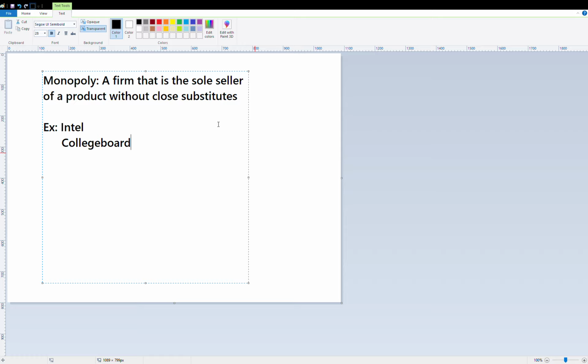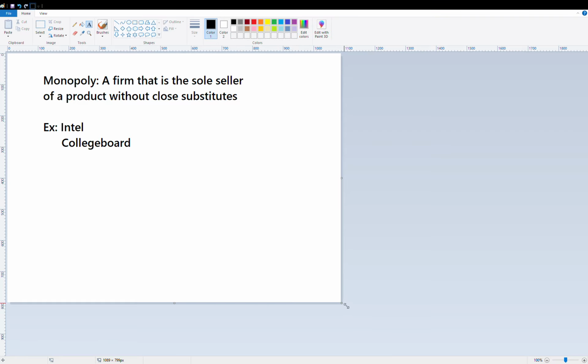One of the main components of a monopoly is its barrier to entry. You can't easily go into the market of a monopoly because there are barriers to entry, whether it's hard to make what they're making, or there's a government restriction like a patent.